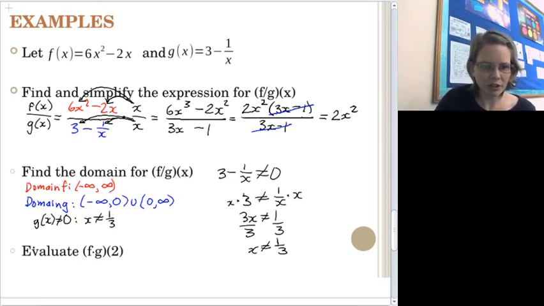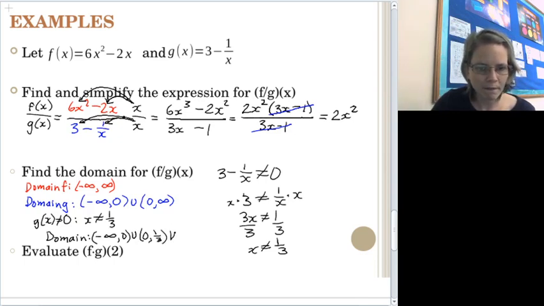So my final answer for the domain of my new function goes from negative infinity up to 0, then from 0 to 1/3, and from 1/3 to infinity.